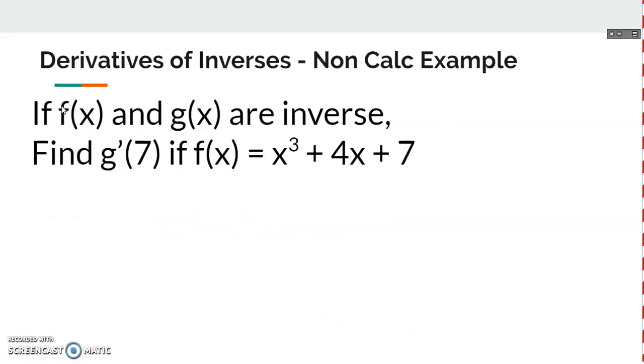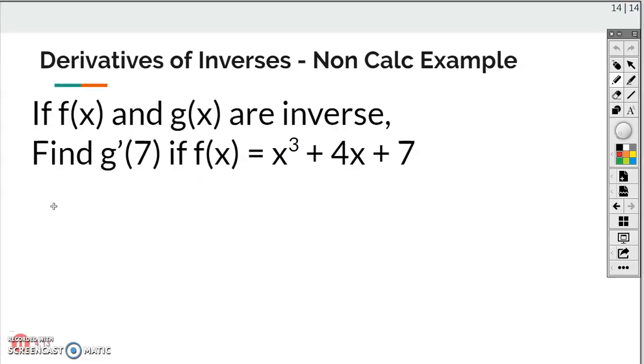All right. In this first example, it says f and g are inverses. Find g prime if f of x is equal to x cubed plus 4x plus 7. All right, so the formula that we're going to want to be using is the one from the previous slide. So if f and g are inverses, g prime of x is equal to 1 over f prime of g of x.